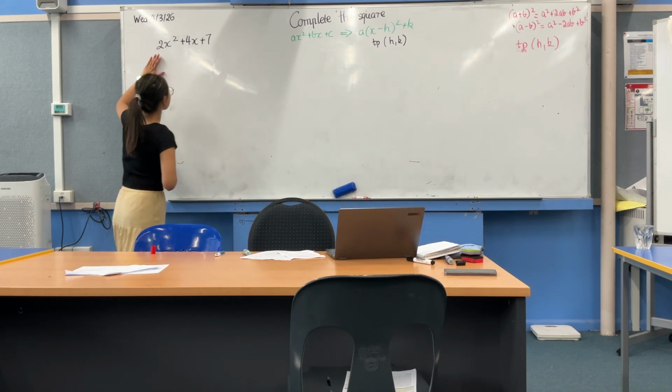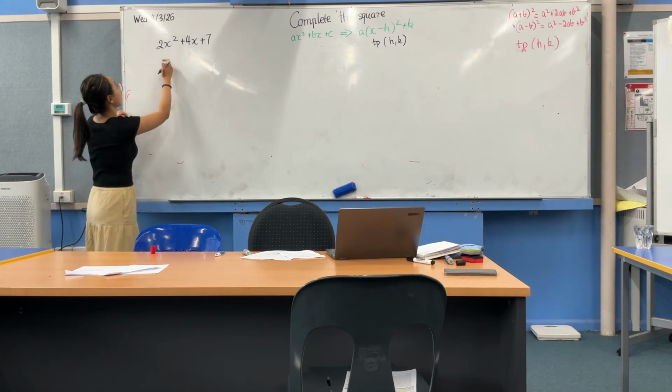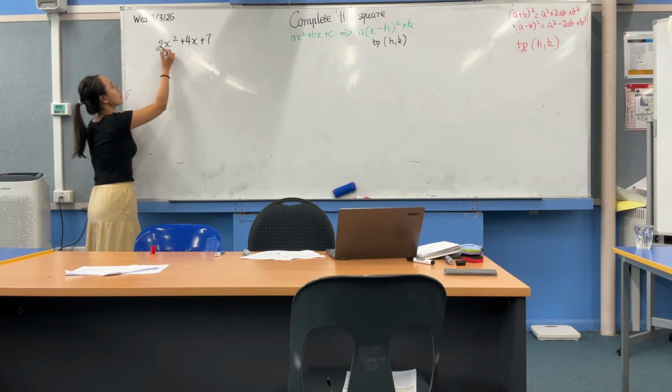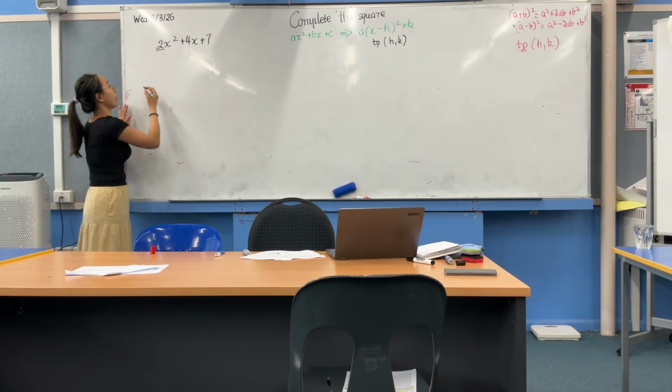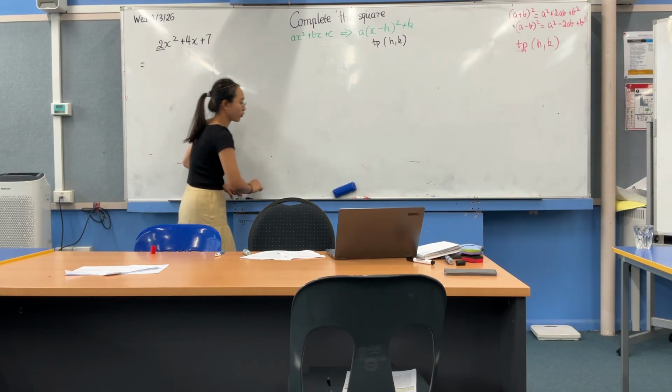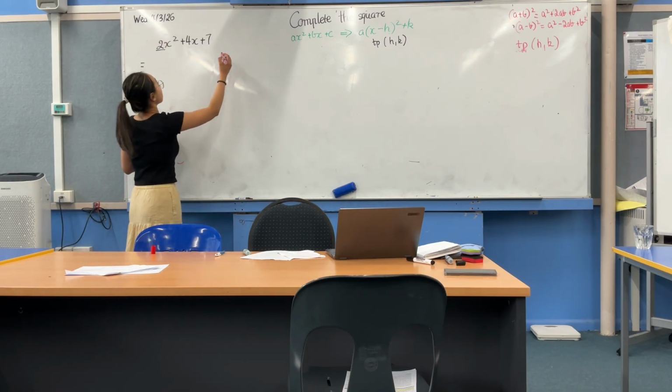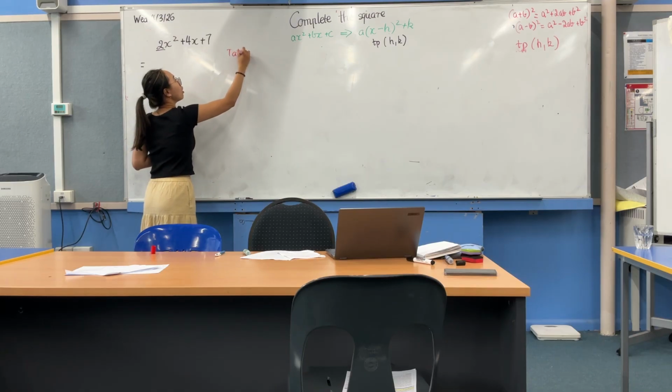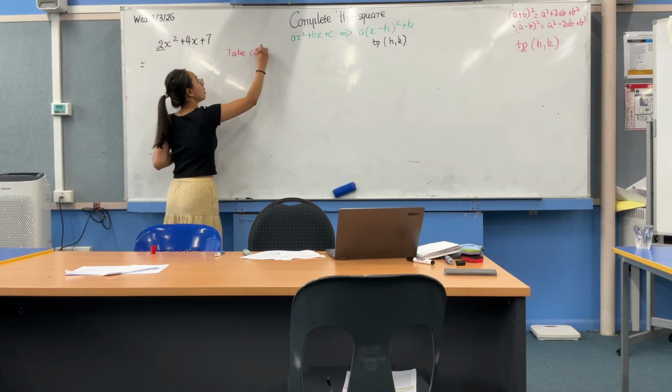Let's say that, unlike the last video, now we have a coefficient in front of x squared, as any number. So how are we going to complete the square? Your first step will be to take out the common factor.